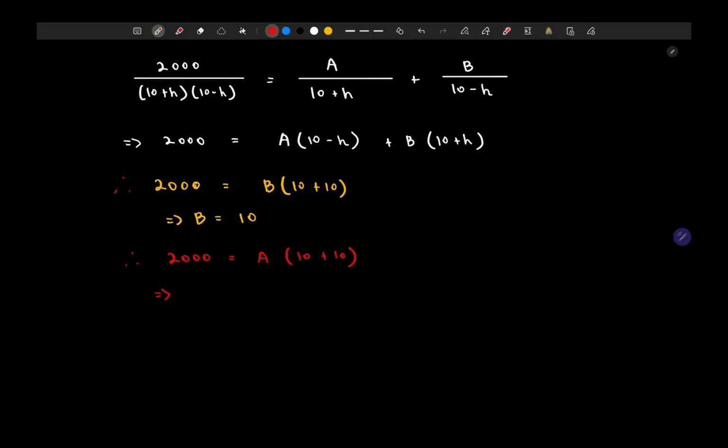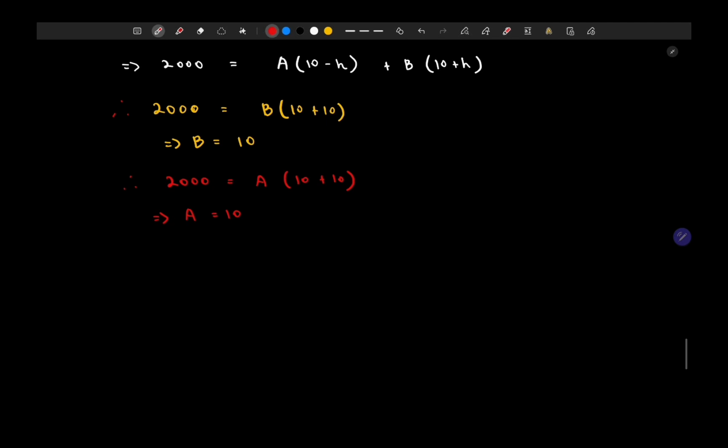So the value of a is also 10. So finally we can write this as negative 20 plus 10 over 10 minus h plus 10 over 10 plus h, dh equals t.